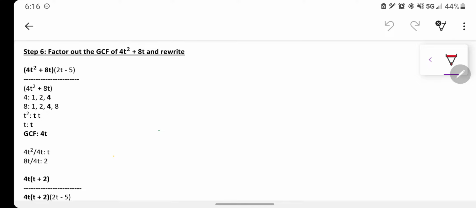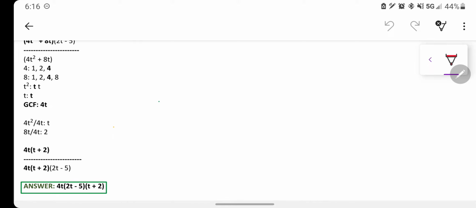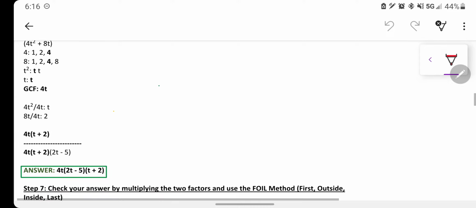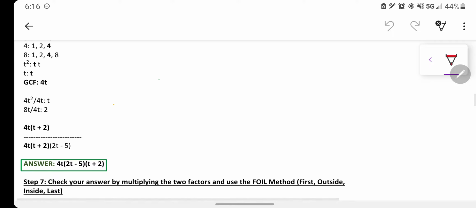And this could be the answer just like it is, but I wanted to rearrange it to be 4t times 2t minus 5 times t plus 2. So that is the answer for this problem, but we have to check it, of course, to make sure it is correct.